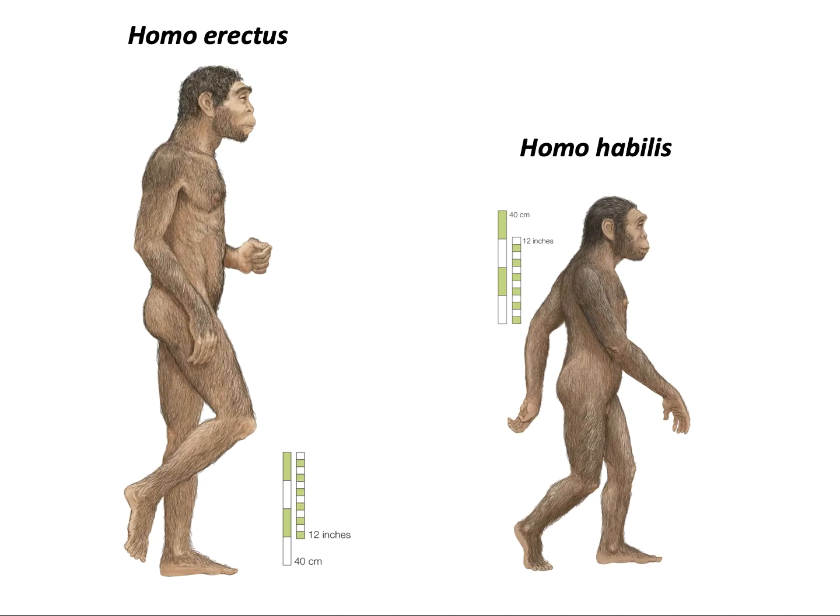Then one branch off of the Australopithecus line led to Homo erectus and Homo habilis, starting about 2.5 million years ago. And you can see there's more human features, but quite a bit of difference in stature between Homo habilis, which was the earlier human Homo species, and then Homo erectus that appeared later, about 2 million years ago.